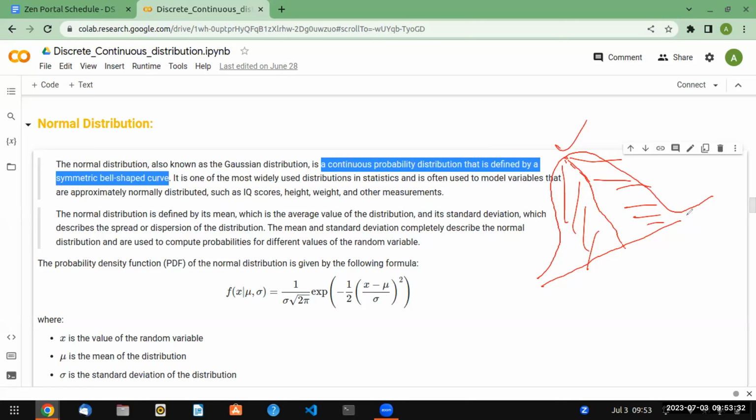Suppose you collected the height of people and you plot that data and it is looking something like this, what will you understand? Your data is following a normal distribution. So this symmetric bell-shaped curve is the sign or symbol for normal distribution. If you see this kind of plot, you can blindly say this is normal distribution.